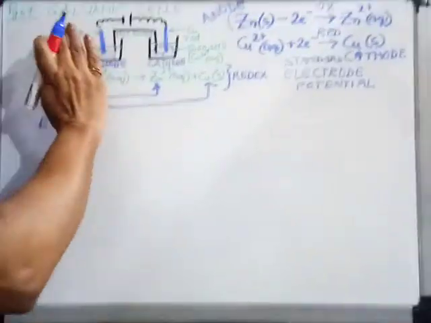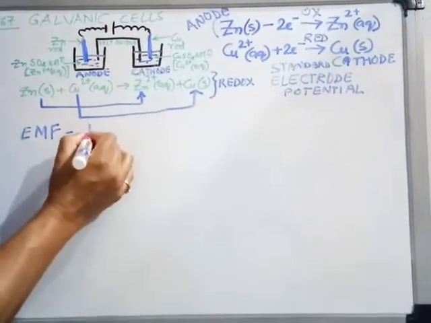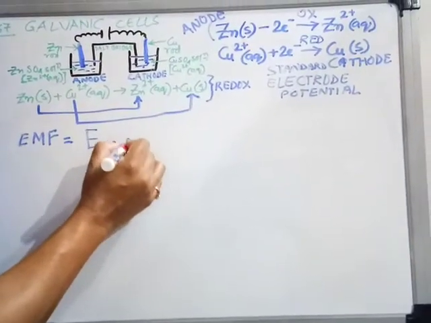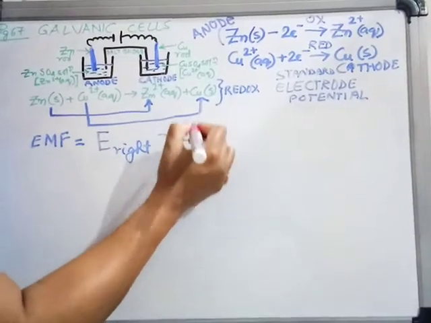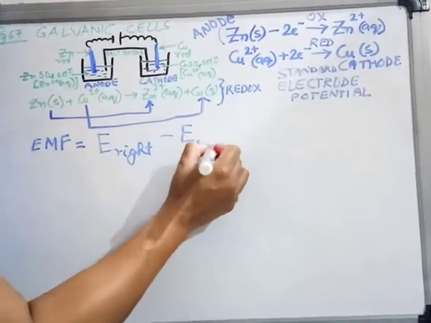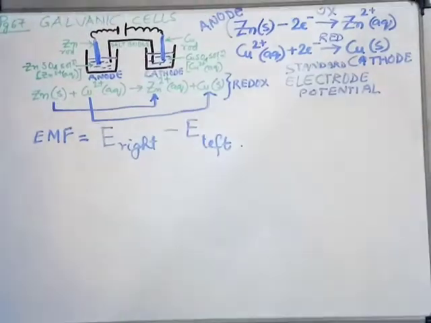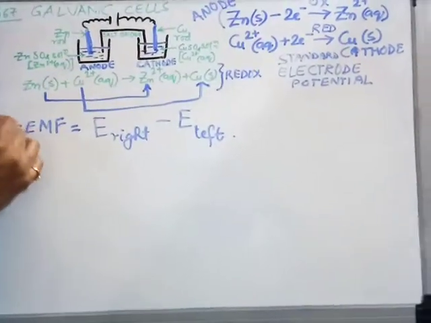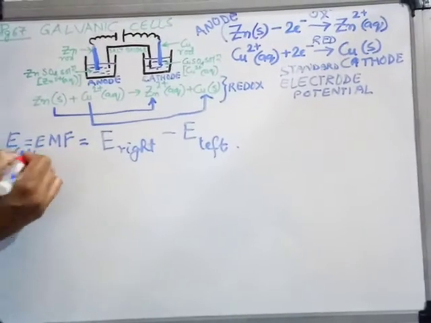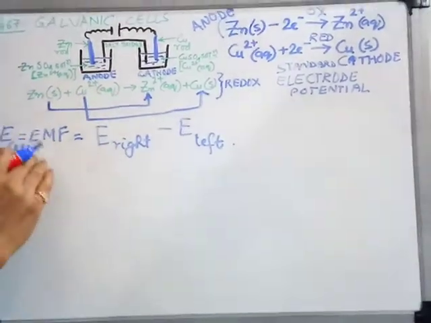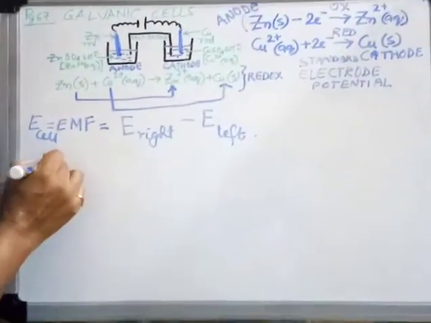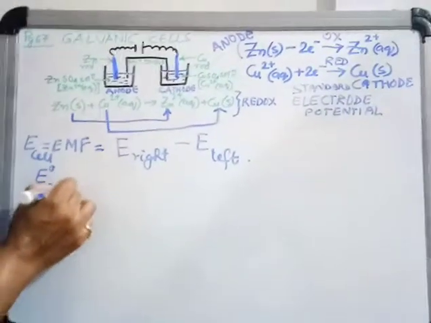So when we want to calculate for the total cell, it will be E of the right side minus E of the left side. This is the way we calculate EMF, also called E cell. And if we calculate with respect to standard electrode potential, this will be called E0 cell.